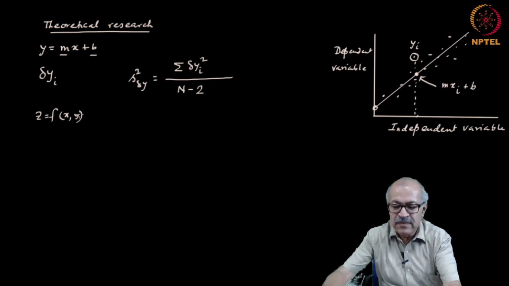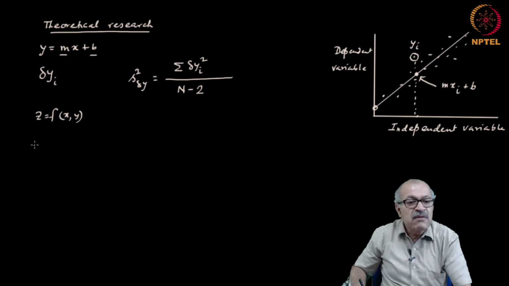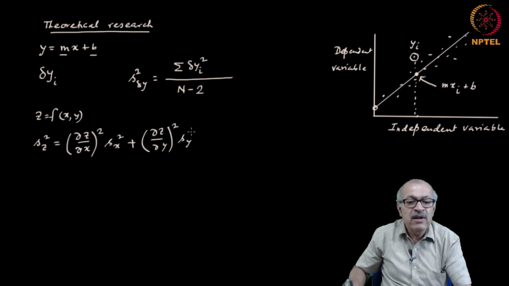Then we saw that the variance in z is the derivative of z with respect to x, squared, times sx square, plus the derivative of z with respect to y, squared, times sy square.